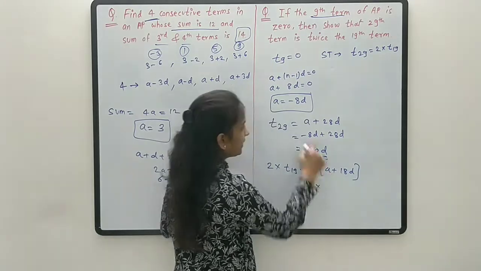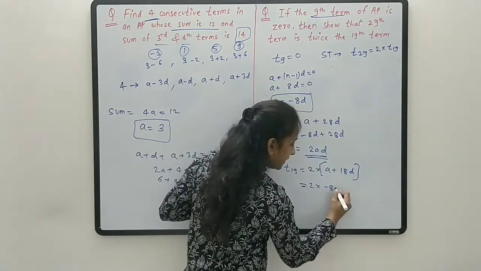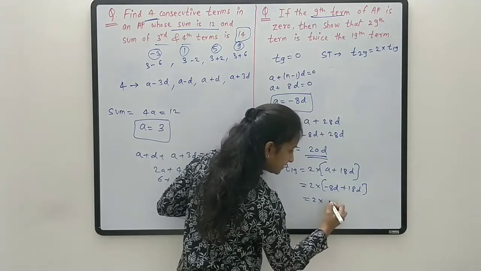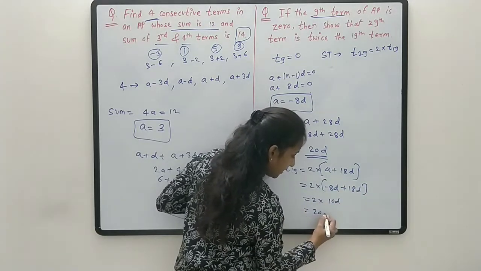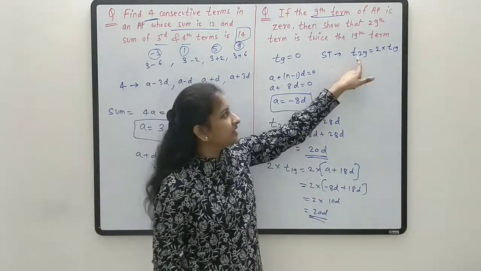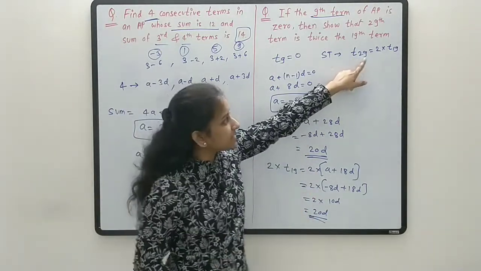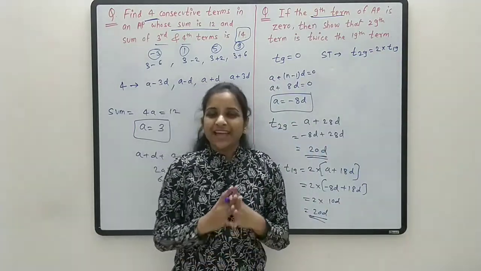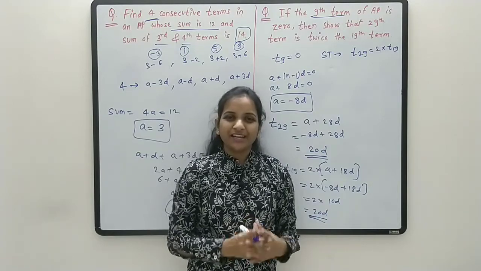So 2 into, we can replace a as minus 8d plus 18d. So 2 into 10d, 20d. So LHS is equal to RHS, hence proved. So the 29th term of the AP is twice the 19th term of the AP. Understood? Thank you everyone. Hope you liked this video and understood the concept.